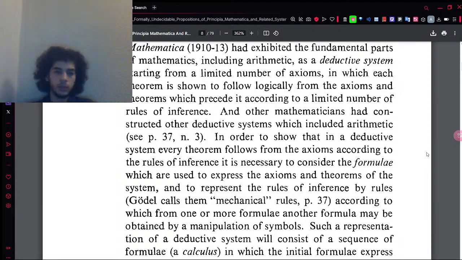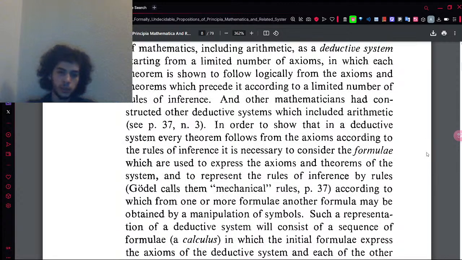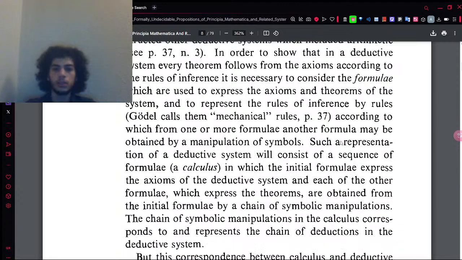According to which, from one or more formulae, another formula may be obtained by a manipulation of symbols.